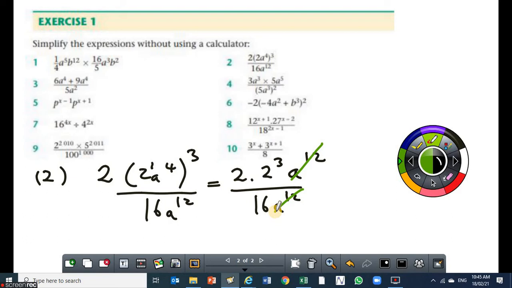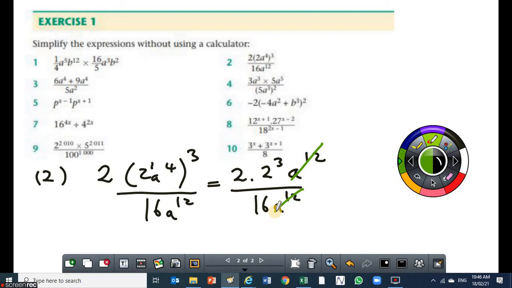You see, if you have addition, let's say if it was 2 plus 2 to the power of 3, a to the power of 12, all over 16 a to the power of 12. For this case here, you have to find the common factor in the numerator first. You find the common factor which will be a 2, and then you take out the 2, then you can try to cancel out the bases that are similar.